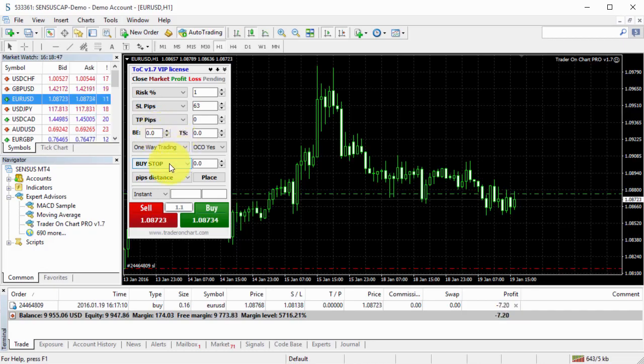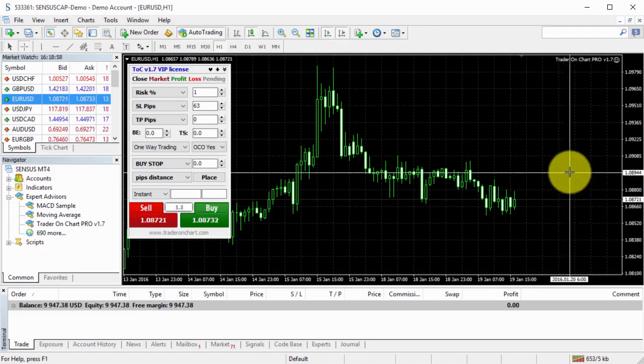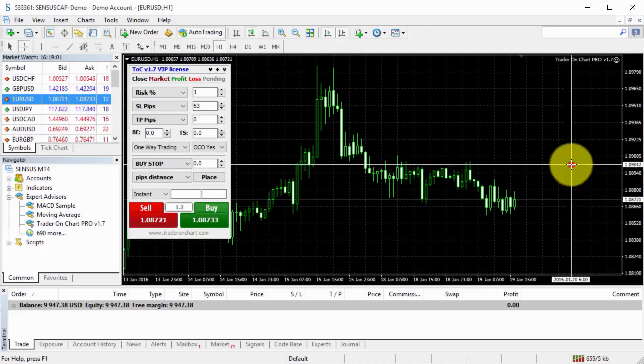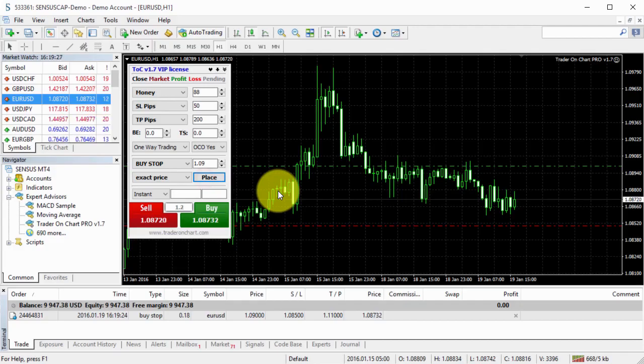Now let's take a look at the pending orders. Let me just close this market trade right now, and I will place a buy stop, let's say somewhere around this point right here. So yeah, 1.09. It will be a buy stop at exact price, and I want a stop loss of 50 and take profit of, say, 200, and also I want to risk, I don't know, $88, and I click place, and it will place my pending order.